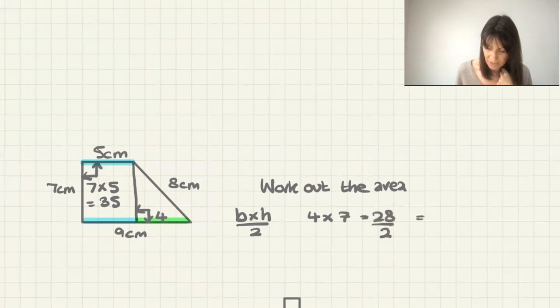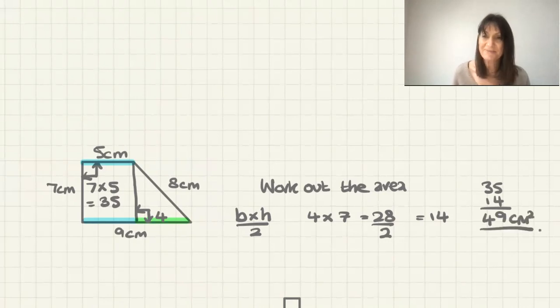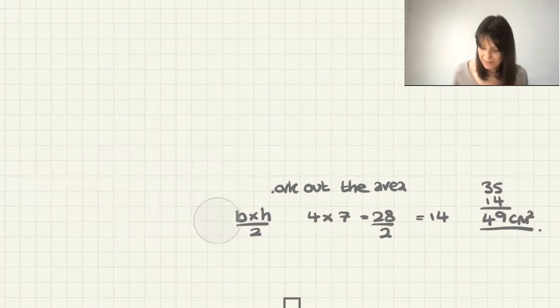Half that, and I've got 14. So the total area is going to be 35 plus 14, which is 49 centimeters squared. If you got that right, well done. Really, really good. Okay, let's rub that out.